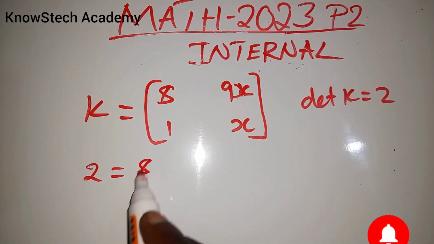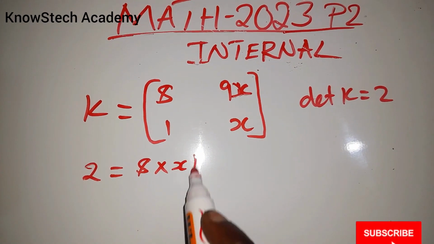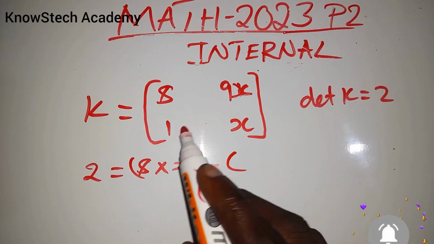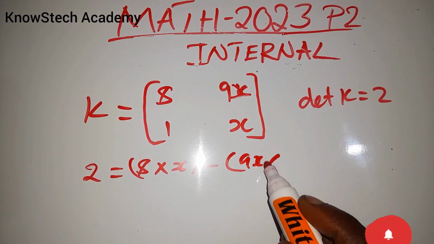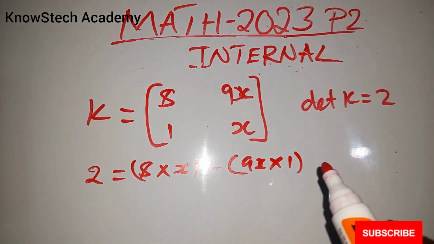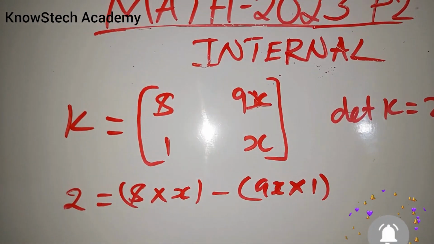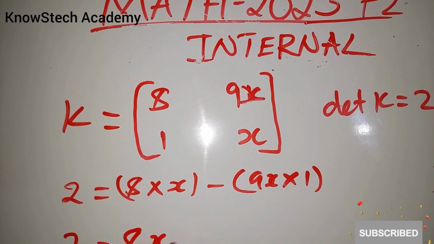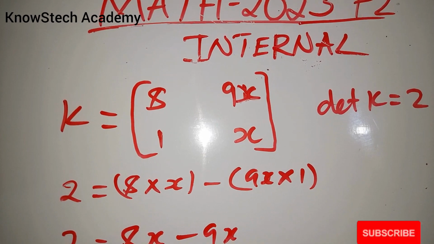So it will be 8 multiplied by x, minus, always subtract, the numbers in the minor diagonal, which is 9x times 1. 9x multiplied by 1. So this will be 2 is equal to 8x minus 9x times 1, which is just 9x.